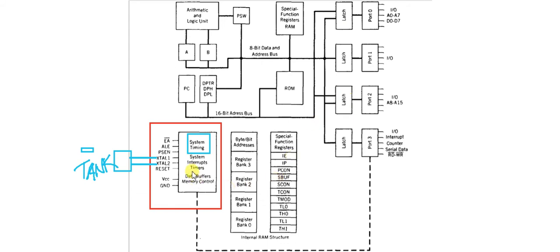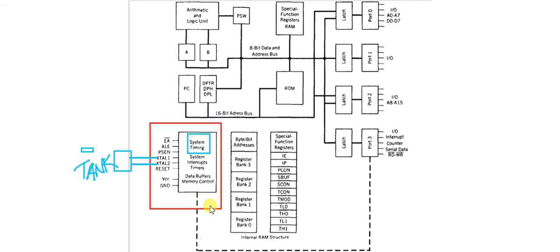Okay, so it will also handle the system interrupts and timings. There are 6 interrupts available in the 8051 microcontroller. So how to handle the interrupt? As you know, you have studied the microprocessor, so what is an interrupt, how the interrupt works, how it executes, what is an interrupt service routine, that you have used.